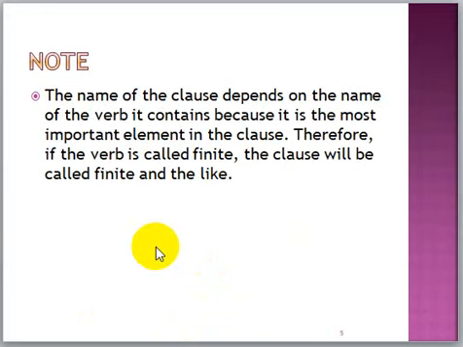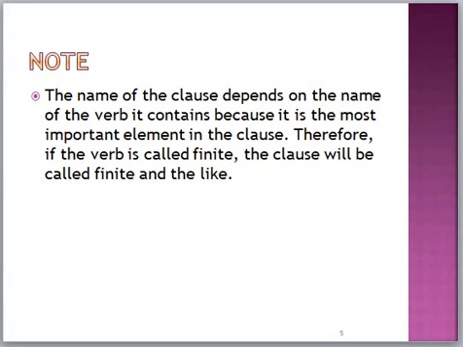There are some notes to be taken into account. As I always told you, the name of the clause depends principally and basically on the name of the verb it contains, because the verb is the most important element in a clause. Therefore, if the verb is called finite, then the clause will be called a finite clause.